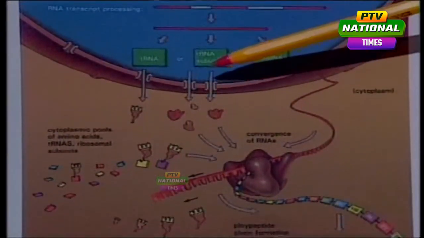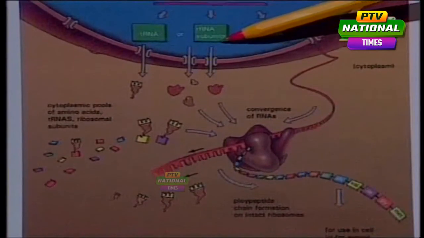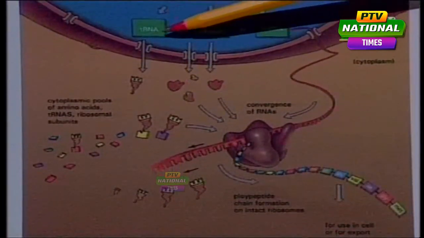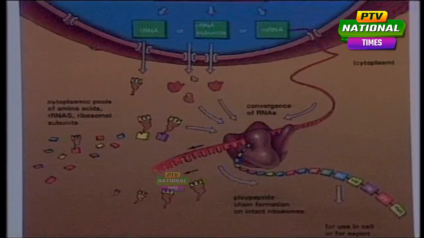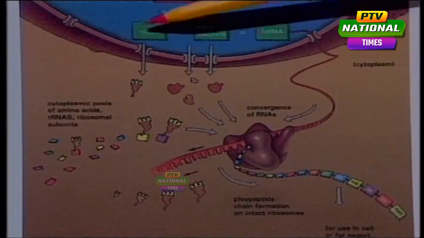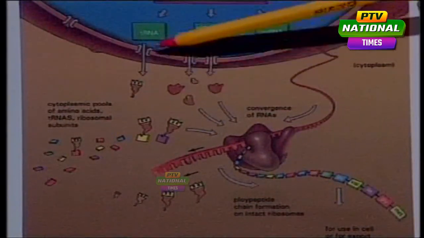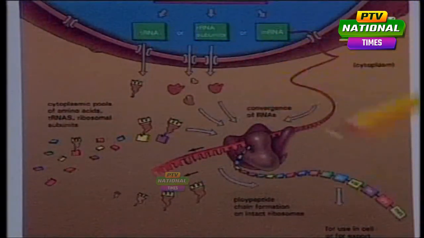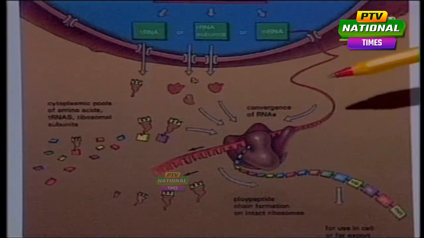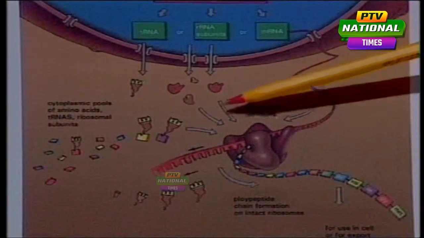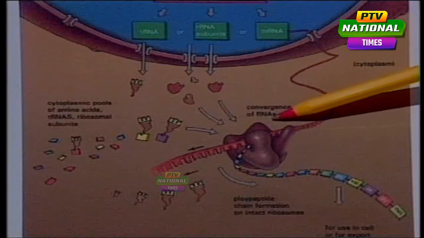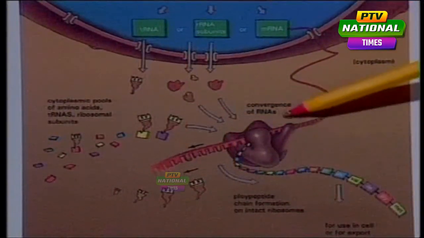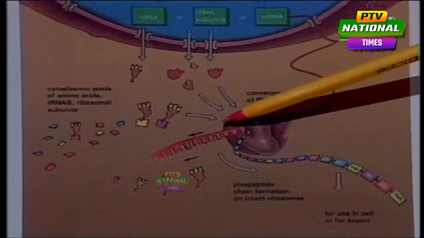At the same time, ribosomal RNA subunits and transfer RNAs are produced within the nucleus and leave the nucleus via the nuclear pores to enter the cytoplasm. In the cytoplasm, there is a convergence of the RNAs within the ribosomal unit.